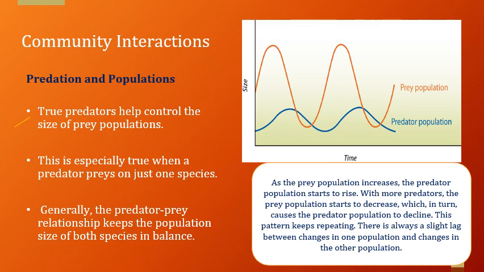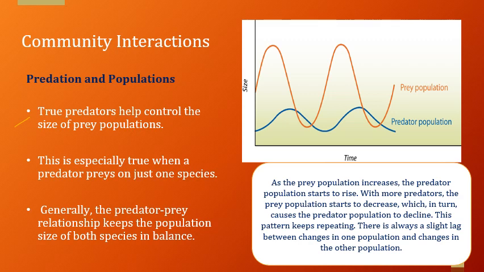Or kapag dumami ang predator, of course, maaaring maubos ang prey. So there must be an equal distribution between prey and predator. Okay, I'm not referring to an equal size, but of course, an exact ratio between predators and prey.